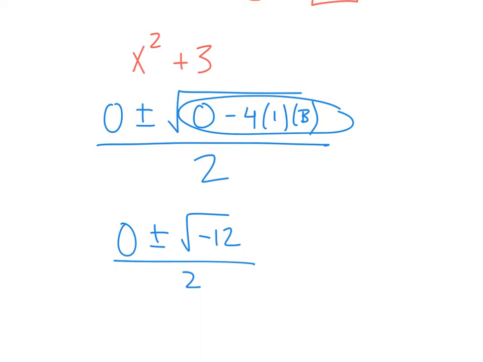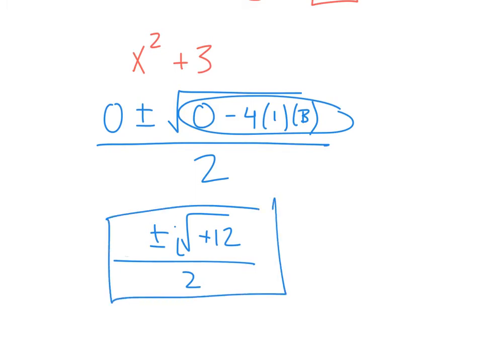Now I don't need the 0 anymore. It's sort of pointless to have it there. But I do have a negative in the radical, so I'm going to take an i out and change that to a positive. And you could certainly leave the answer like this. Though if you want to simplify radical 12, it is 2 radical 3. So you could do plus or minus 2i radical 3 over 2.